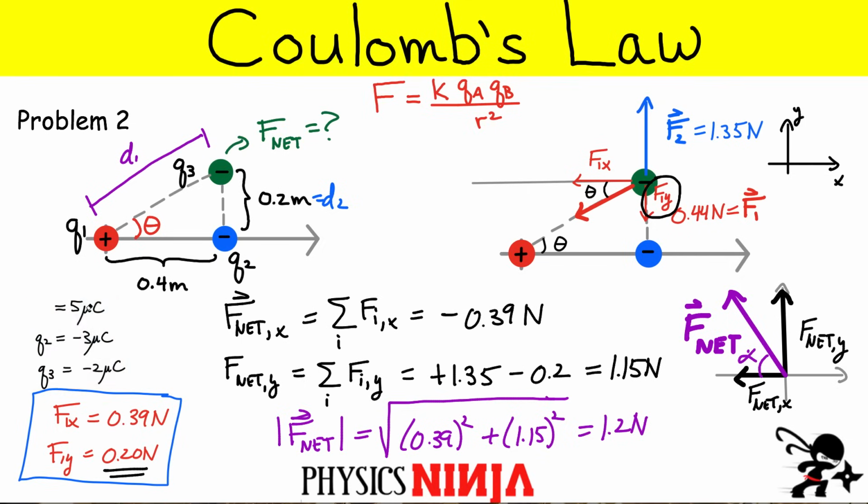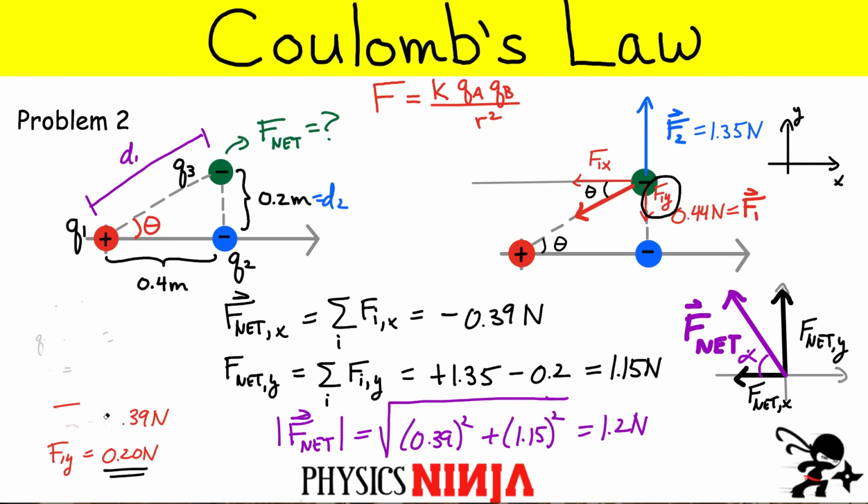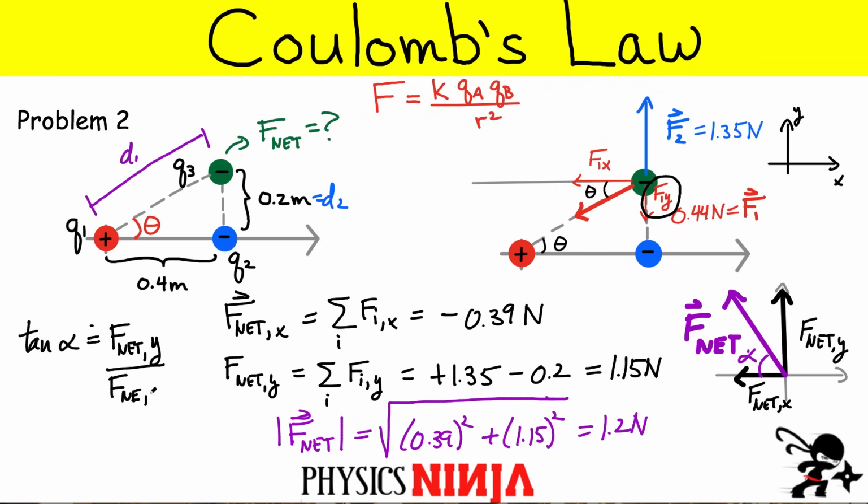Here, let's make some space. What I'm going to use is tangent again. I like to use tangent. So you should be able to write that tangent of this angle alpha is going to be the opposite over the adjacent. So it's F net y over F net x.